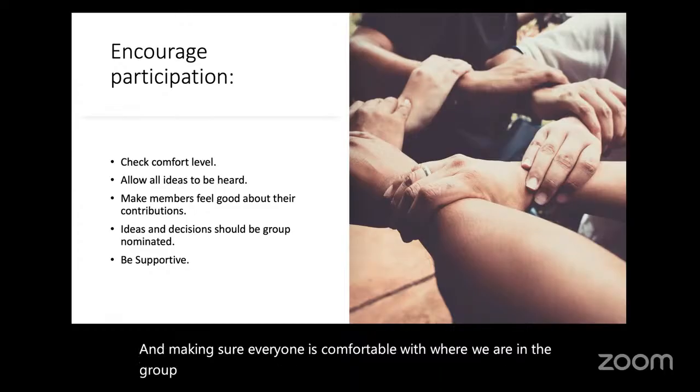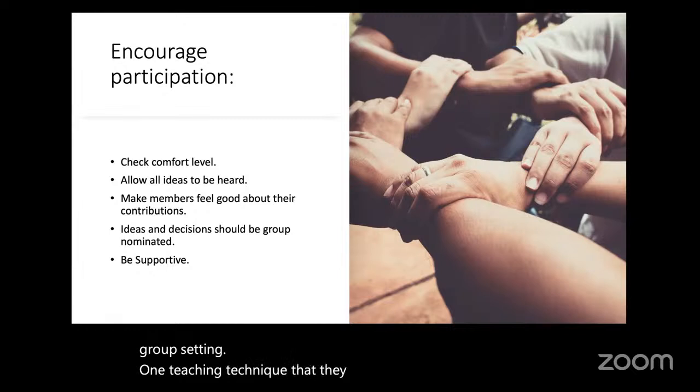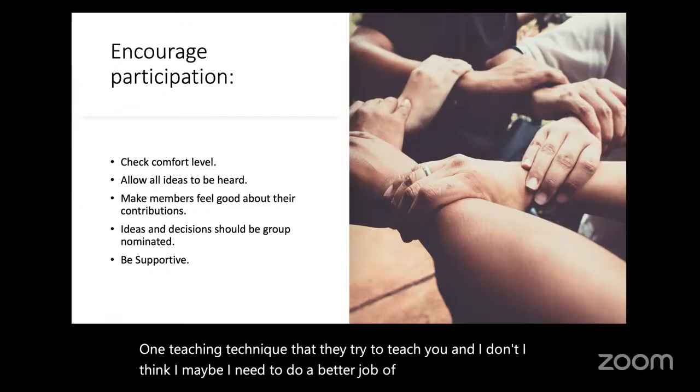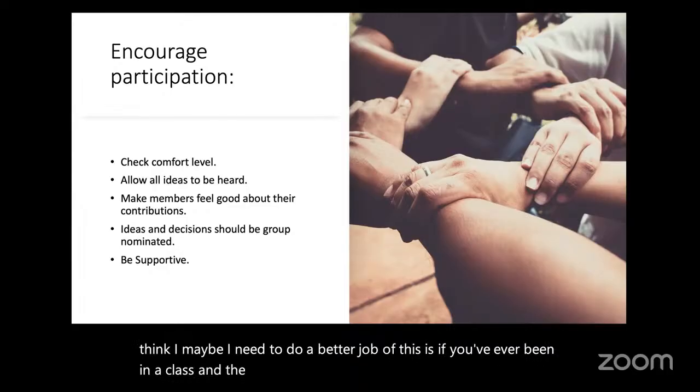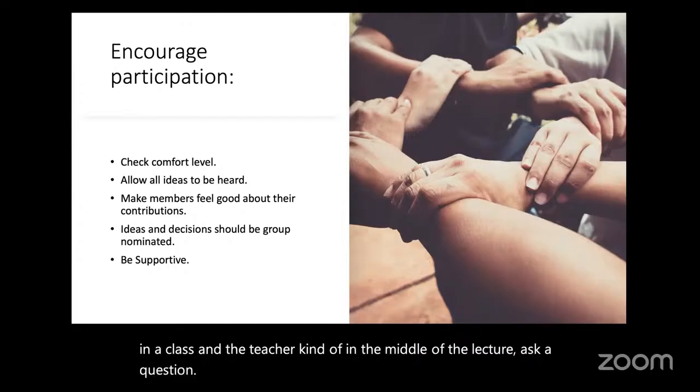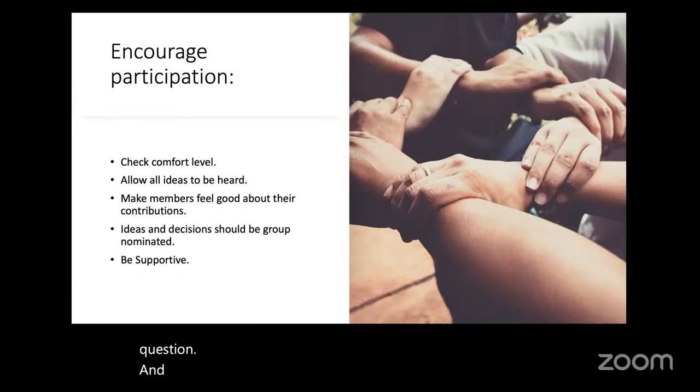One teaching technique that they try to teach you, and I think maybe I need to do a better job of this, is if you've ever been in a class and the teacher, in the middle of a lecture, asks a question and wants a produced answer.